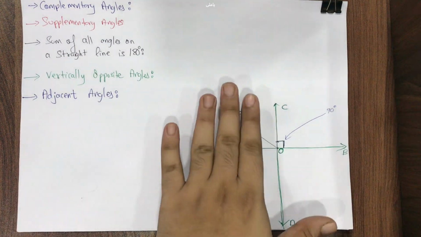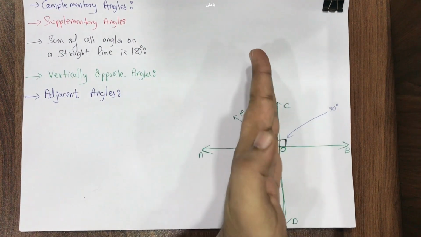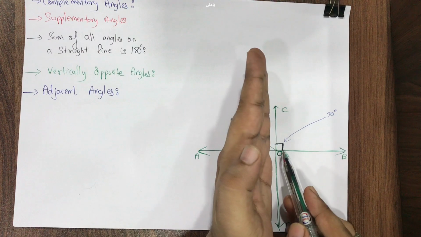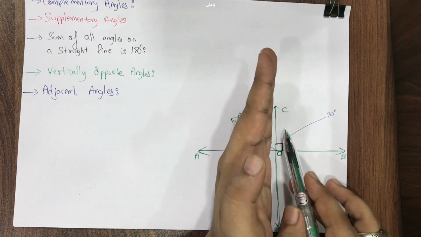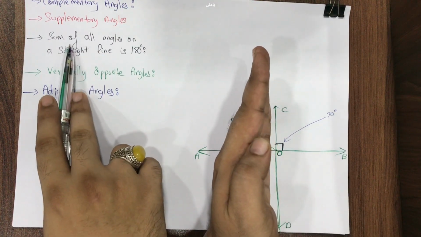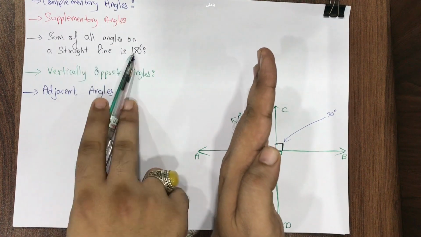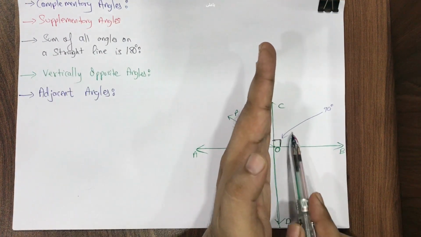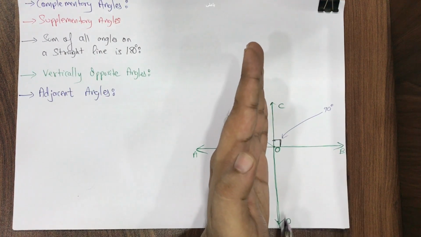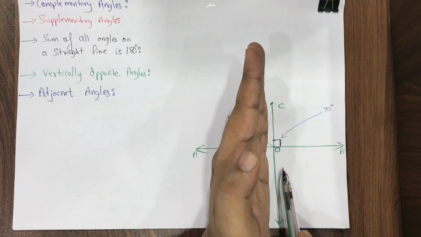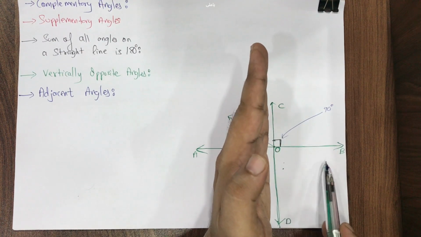So if this is my straight line, and this is 90 degrees, can I say sum of all the angles on a straight line is 180 degrees. Here there are two angles, one is COB and other is DOB. This is 90, so this also has to be 90, because 90 plus 90 only becomes 180.